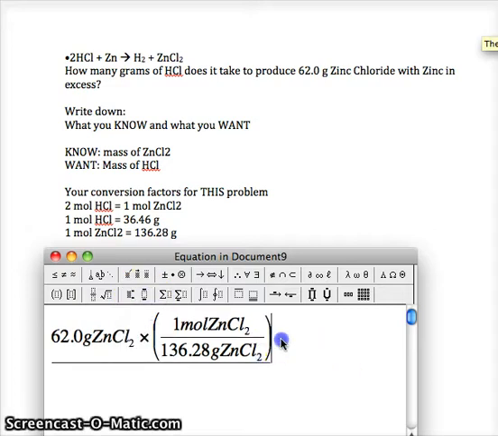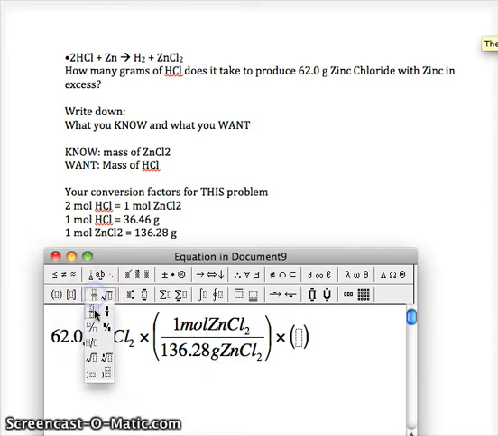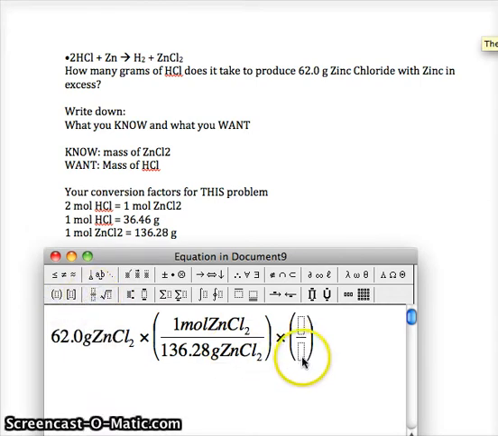Then you multiply that by the ratio of the coefficients. So now the grams of zinc chloride, those units would cancel, and you've got moles of zinc chloride. The ratio of the coefficients is 1 to 2. So we multiply that, and remember, we want to get rid of moles of zinc chloride.